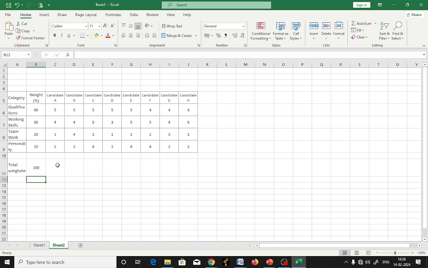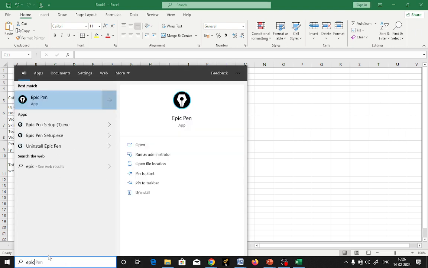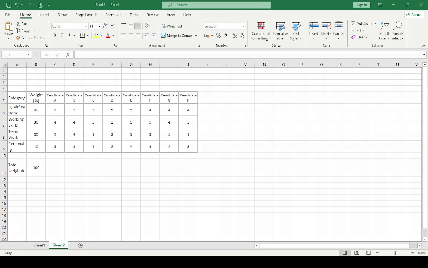Okay. Now to get the weighted average, I need to write the formula. Now you just observe, you got a weightage, right?